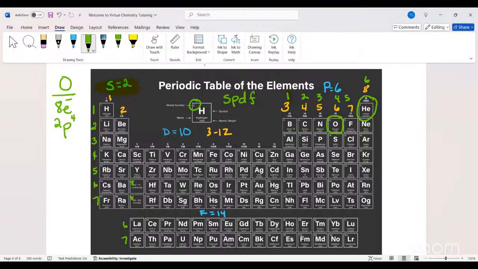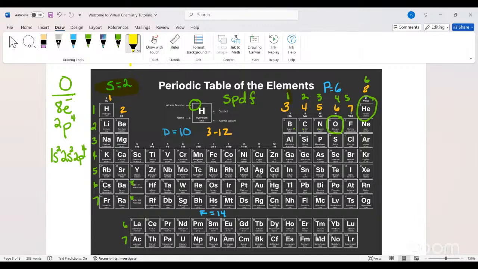So now, what are we going to write? If we go back to that order that you're going to write your electronic configuration in, it starts off with 1s first. So that's 1s2, 2s2, 2p4.